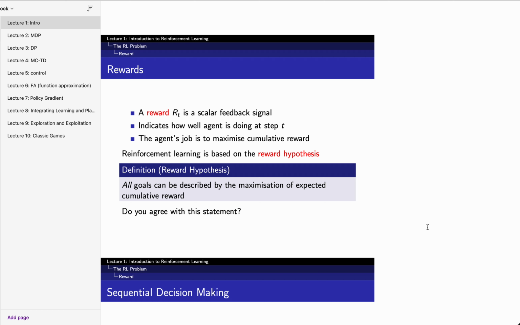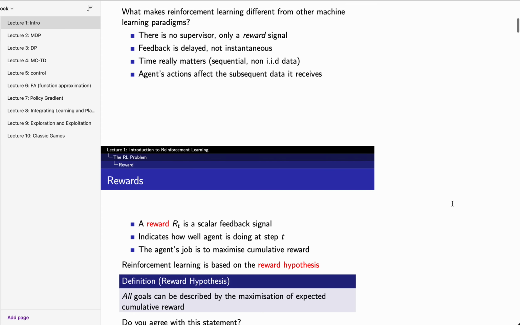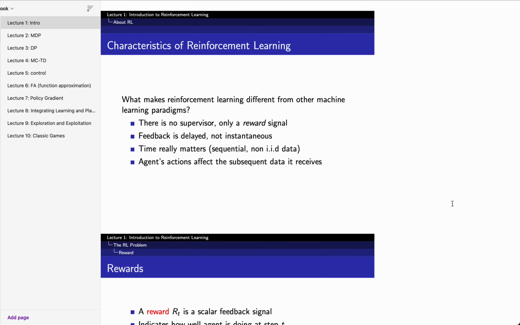Again, reward. He defined the reward R_t at time step t. It's a scalar feedback signal. It tells the agent how it's doing at time step t. I think I forgot to mention one thing: in reinforcement learning, time really matters. It's sequential. It's like playing a football game.